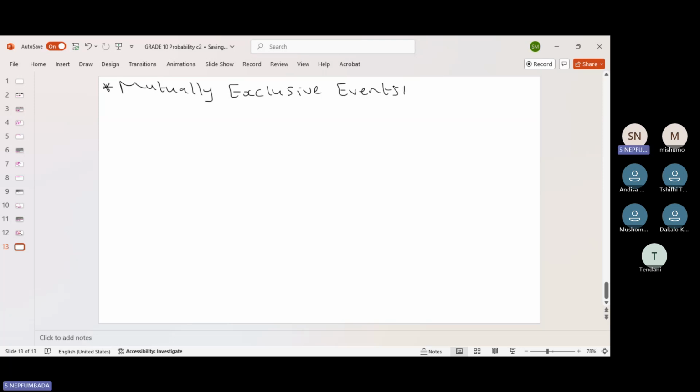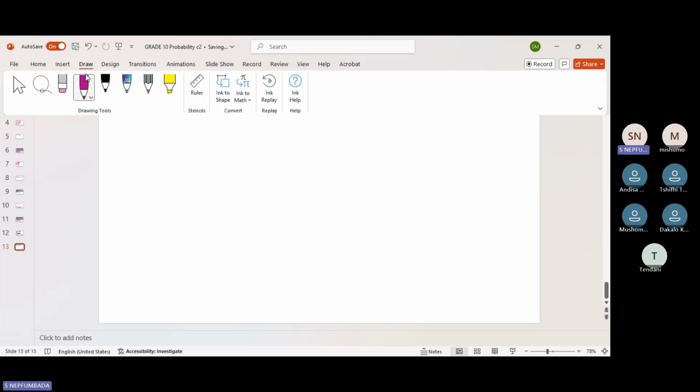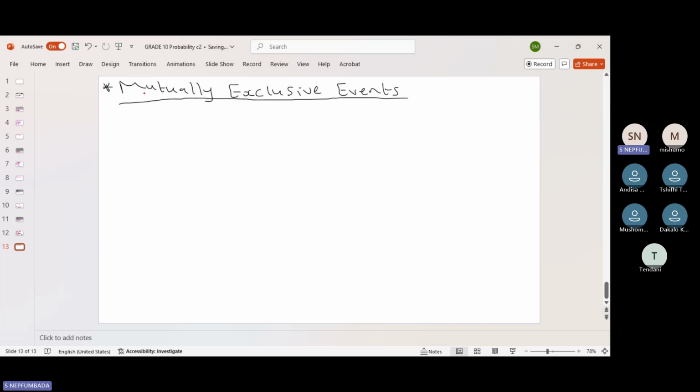When you hear the words mutually exclusive events, what must come to your mind is that in the addition formula, when we're dealing with a mutually exclusive event, the probability of A and B is equal to 0.